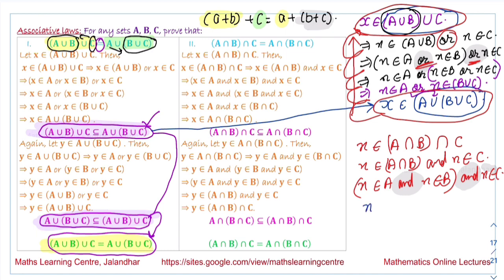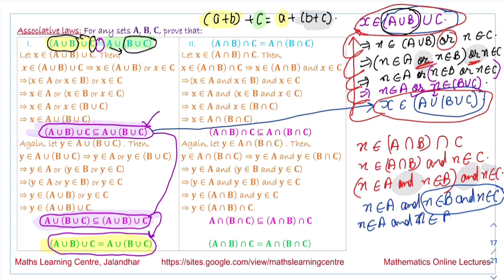Now we put brackets on these two terms, and we get X belongs to A and X belongs to B intersection C. Combining these two results, we get X belongs to A intersection B intersection C.